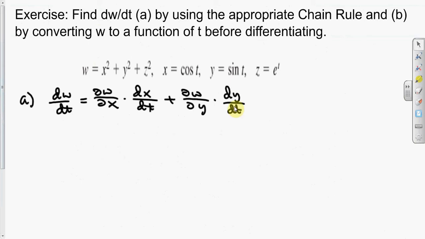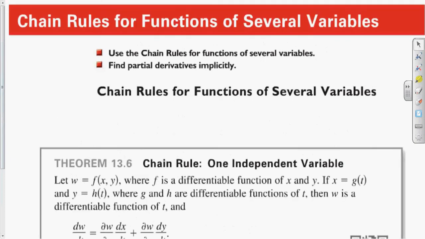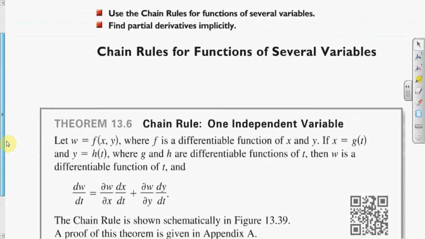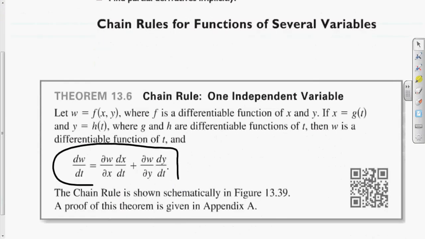Here's an interesting question. When you look at this formula, my question to you is, why is there a partial derivative of W with respect to X, but then dx over dt is just a straight derivative? Then the same question applies here.